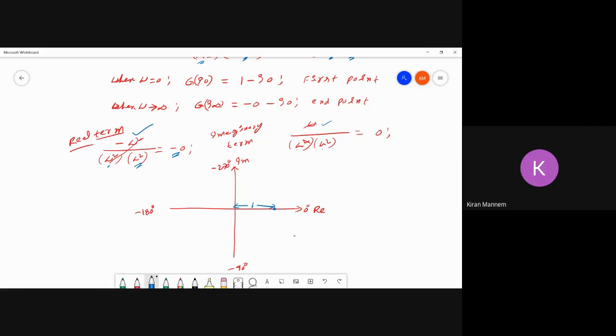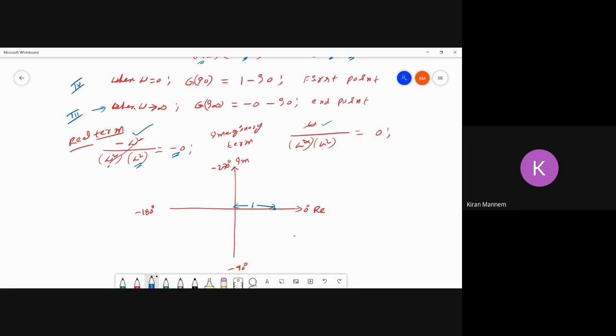Right? The endpoint is minus 0 minus j0, so it is in the third quadrant. The endpoint would be in the third quadrant, and the first point will be in the fourth quadrant, right?